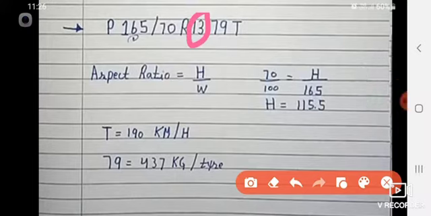Now what is this 79 and T? Okay, practically you will not find this in our book, but you will find this extension number followed by a letter in a particular tire shop.